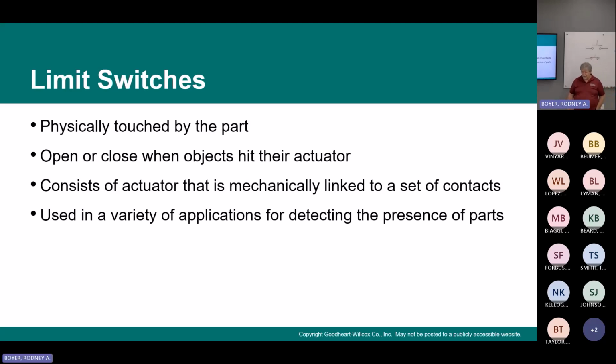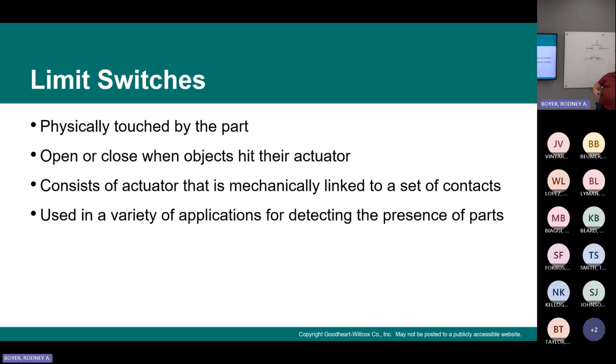Limit switches are physically touched by the part. So you guys sitting on this side of the room, the gray switch down here in the bottom is a limit switch, a roller lever limit switch. They open or close when an object hits their actuator.